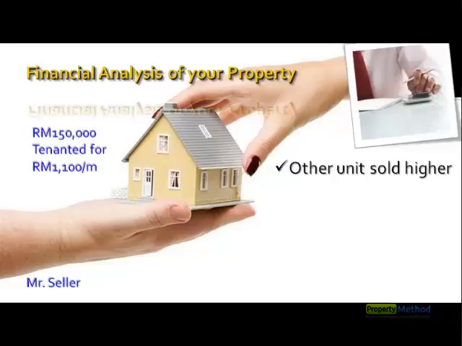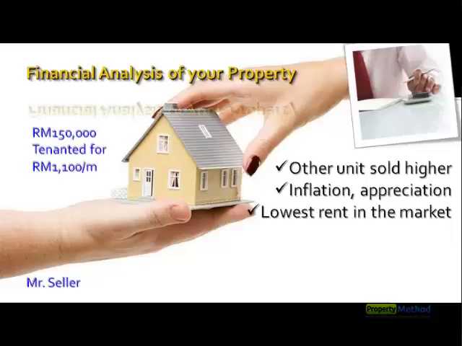Some reasons he may be overpricing the property are, for example, the unit on the same floor in the same building sold last year for a higher price, maybe 160,000, and due to inflation, his apartment has appreciated far more than the price he's asking.